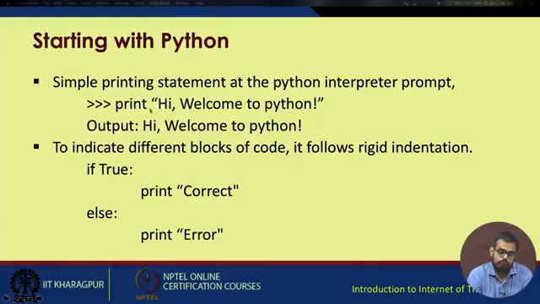Okay, so now to indicate different blocks of the code, Python follows a very rigid indentation policy. Suppose a normal if else statement: if true, then colon, you have an indentation, print correct; else, you go back, else colon, again indent, print error.